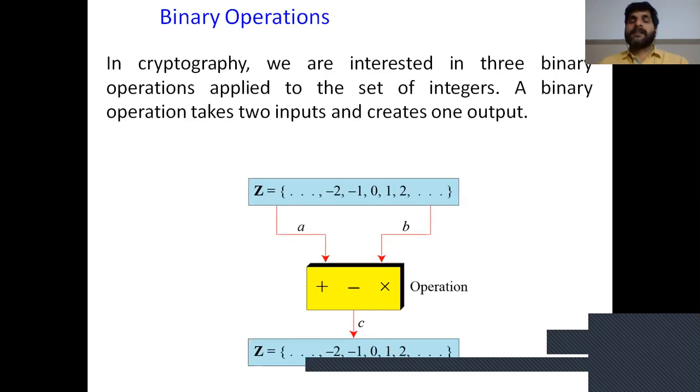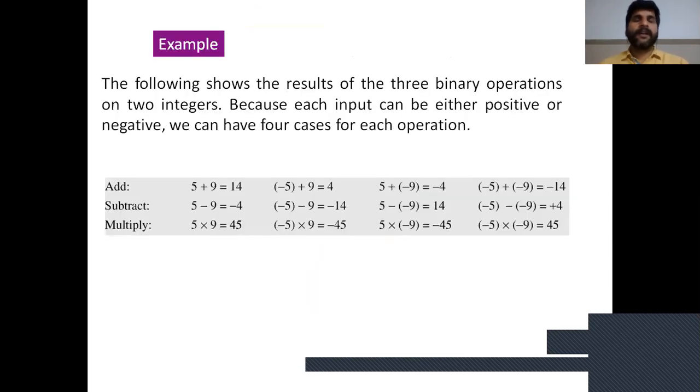The results of these operations are stored in Z, negative integer to positive integer. The operations of addition, subtraction and multiplication of integers are explained with the help of this example.